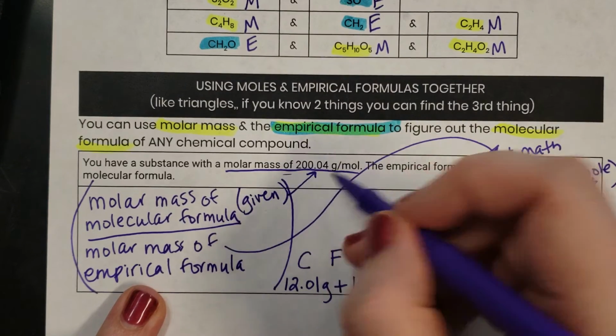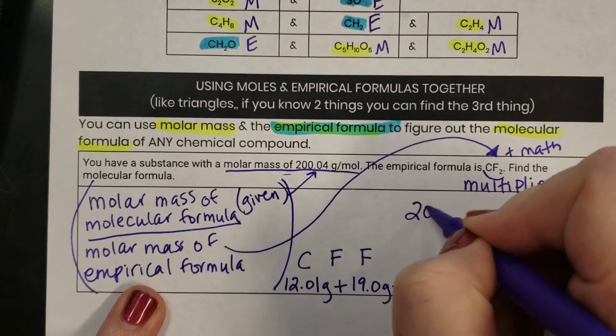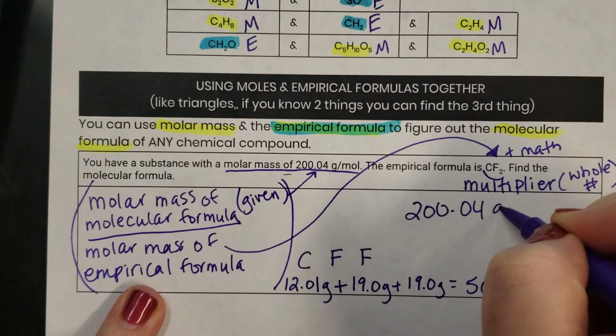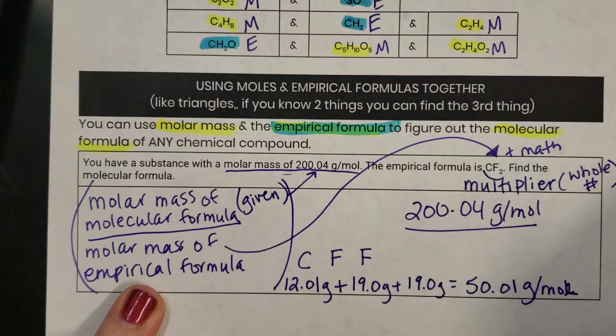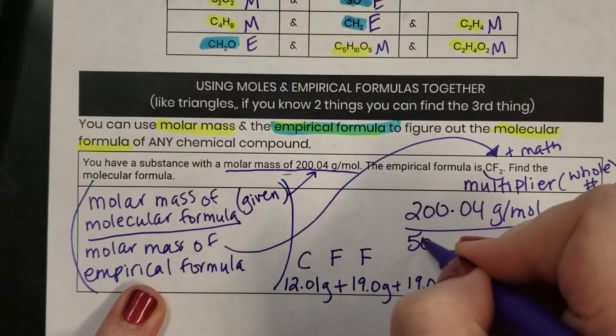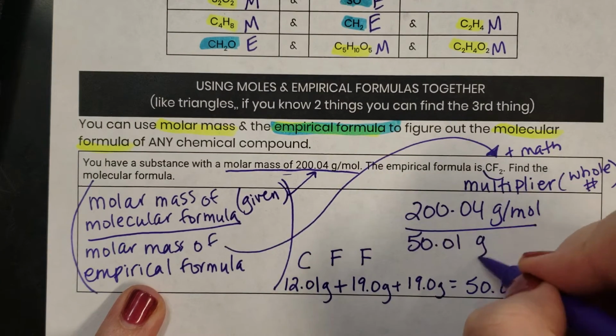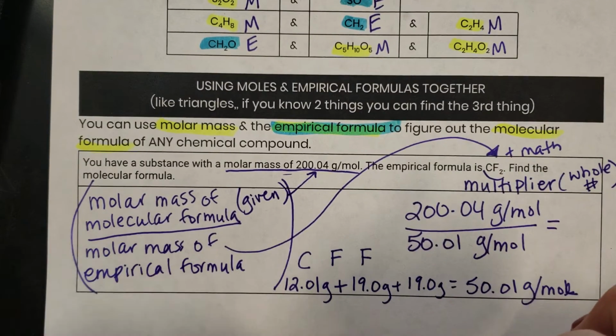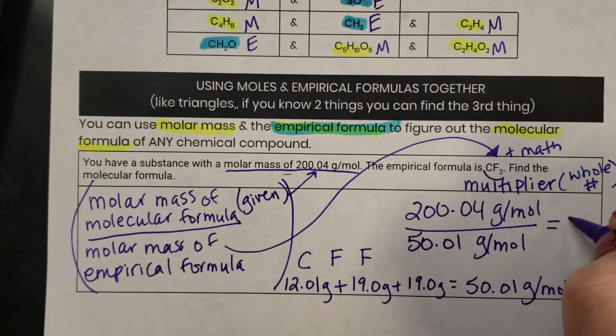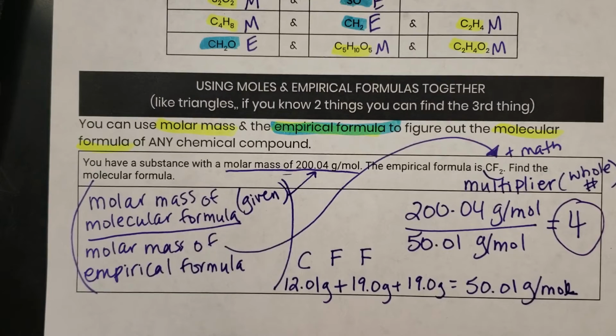Our first number is 200.04 grams per mole. And I'm going to divide that by what I just figured out, which is 50.01 grams per mole. And when you divide those, the answer you should get is 4. So 4 is your multiplier.